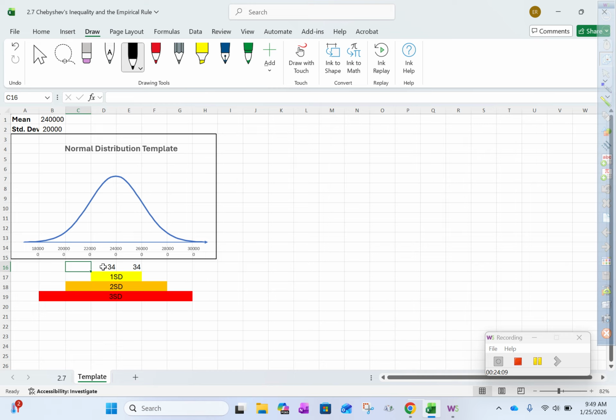Similarly, I know that within 2 standard deviations is 95, but 68 of it is already taken care of. So what I can do is take my 95 minus my 68. That's going to get me the leftover, but because of symmetry, I can split that in half to get the number on each side. So that's 13.5.